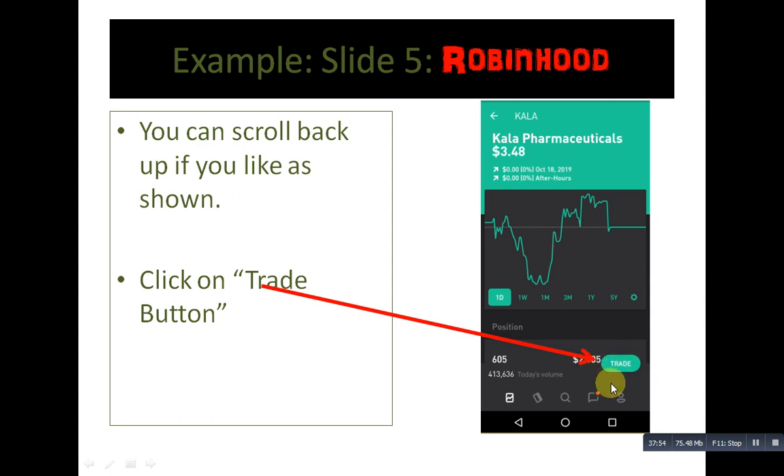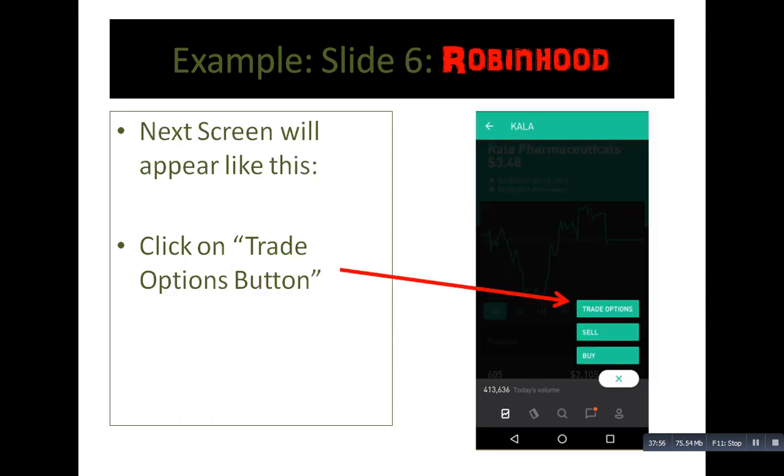Once you click on it, the next screen gives you three options: trade options, sell and buy. Do not click sell or buy, because they are for selling or buying the KALA stock itself. Because we want to do the covered call, we are going to click on trade options, which is this button.